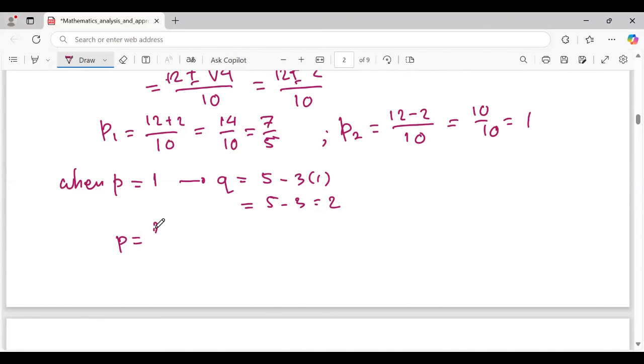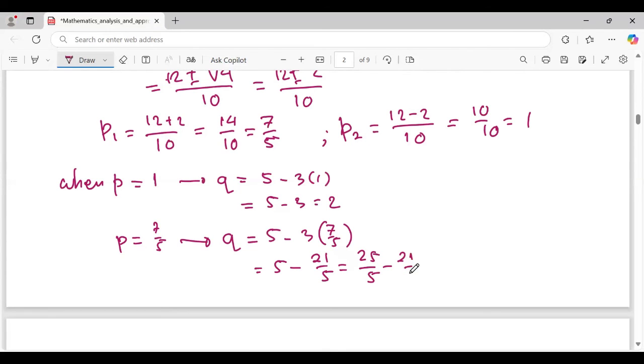When p equals 7 over 5, q is 5 minus 3 times 7 over 5, 5 minus 21 over 5, 25 over 5 minus 21 over 5, it is 4 over 5.